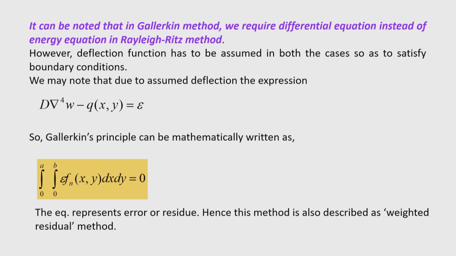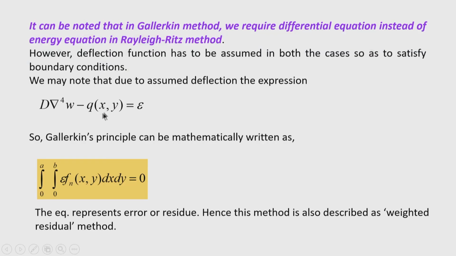Now, the two methods have their origin from the strain energy principle, but the procedure will differ, because in Rayleigh's method, for example, we start with the strain energy expression of the plate or beam, whatever it may be, but here instead of the strain energy expression we require the differential equation of the plate, and we substitute an assumed trial function which is not the actual deflected surface of the plate. So, therefore, we get an error.